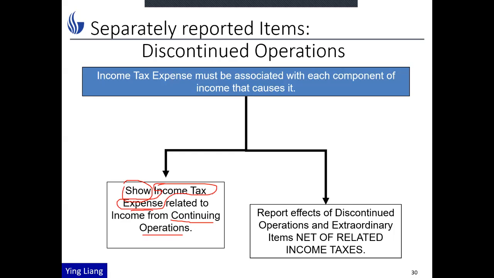But for the discontinued one, we just report the effects of discontinued operations and extraordinary items. So what we report under discontinued operations is the net. So it already deducts the related income taxes.